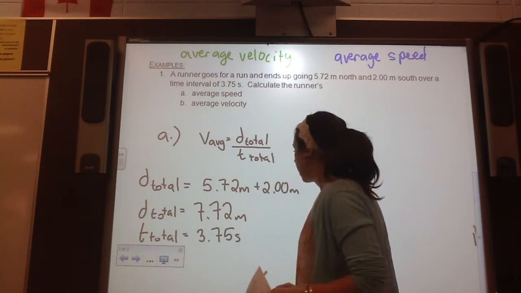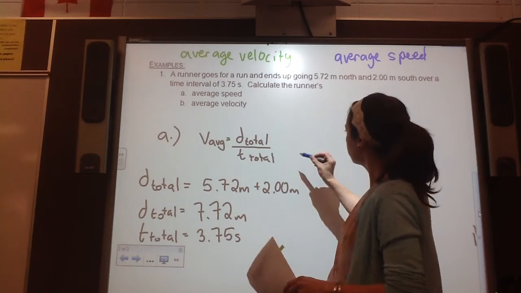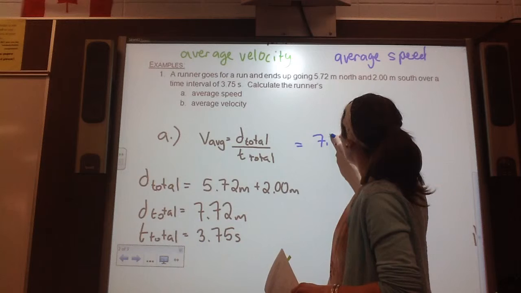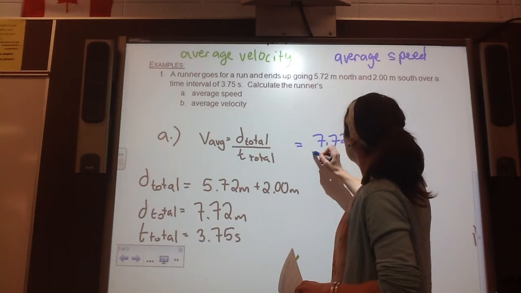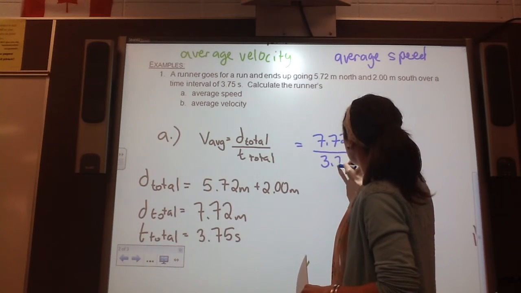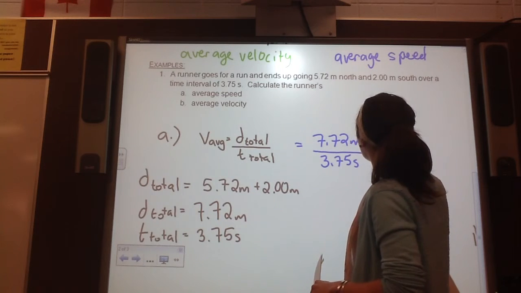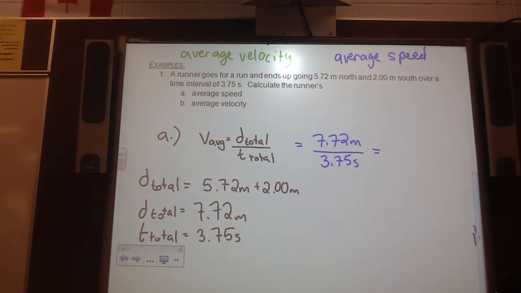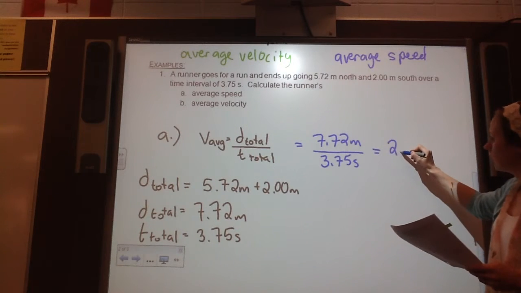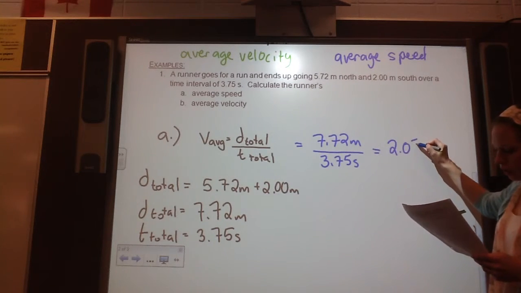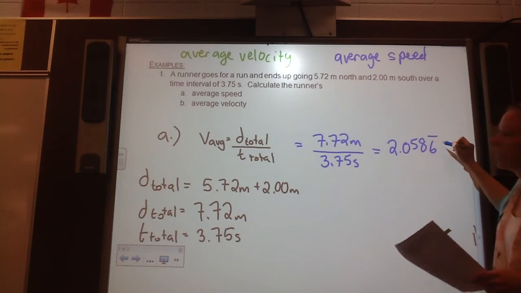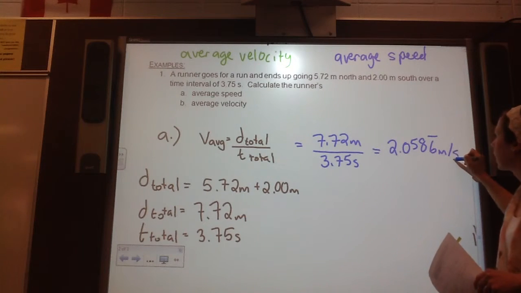So now you can put that into your formula: 7.72 meters divided by 3.75 seconds is 2.0586 repeating meters per second.